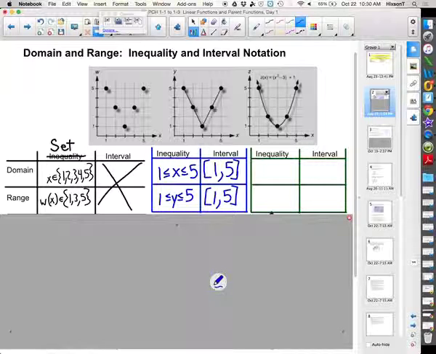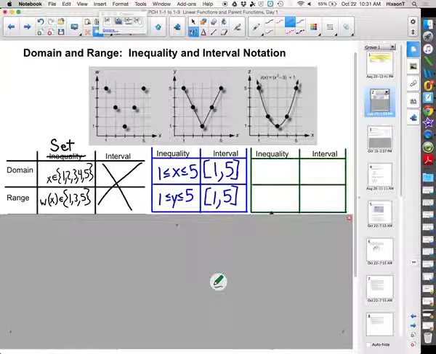Now we have this, and they've actually made it into this parabola with the arrows going on, so it goes on forever. So what can x equal here? All real numbers. Good. You can write this a couple of different ways.